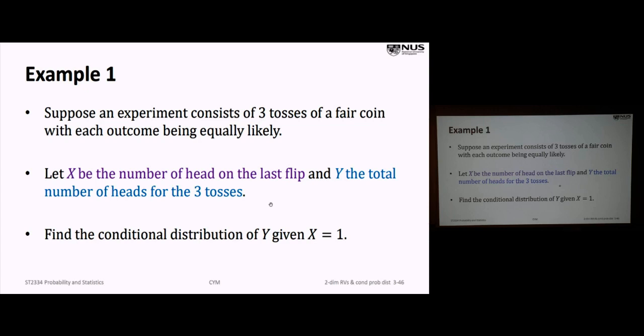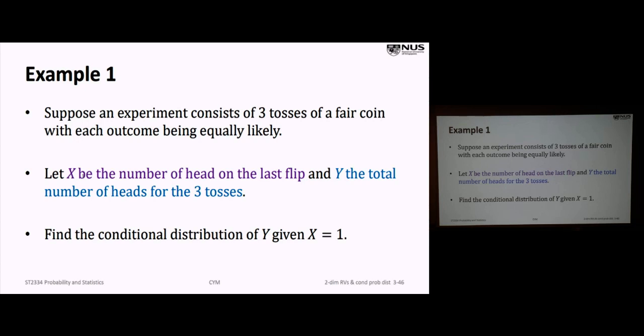Okay, so the first example: you have an experiment, you flip a fair coin 3 times. Now we define X as whether or not you get a head on the last flip, and Y is the total number of heads that you get in your 3 flips.